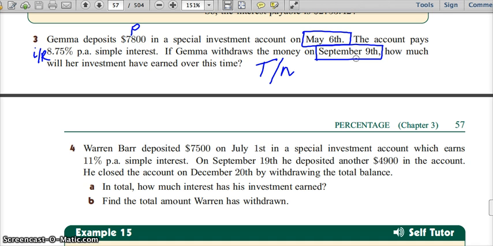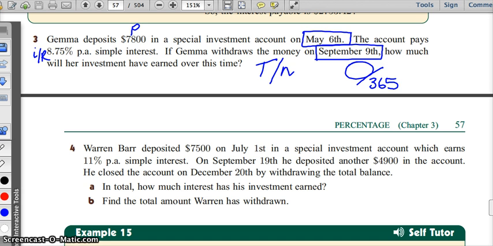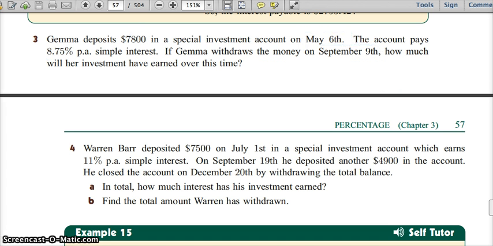They're talking about days on this occasion, so it has to be a fraction of 365. You work out the difference in days between those two dates. We're still just finding the interest: how much will her investment have earned over this time? I'll try and locate another one for you.